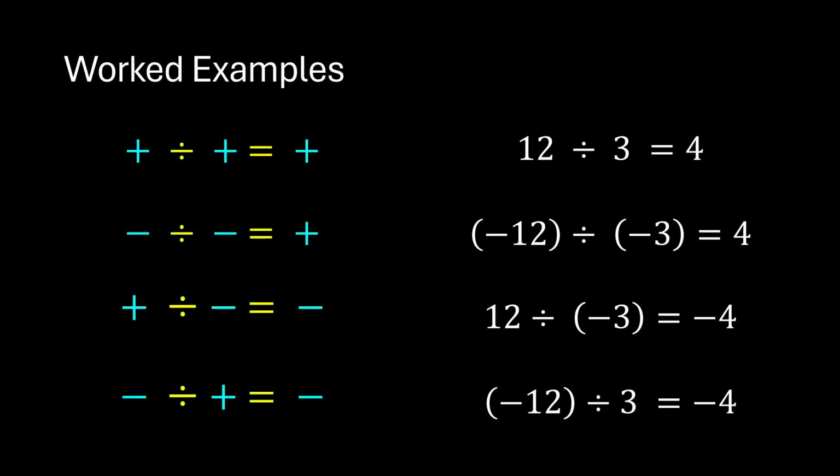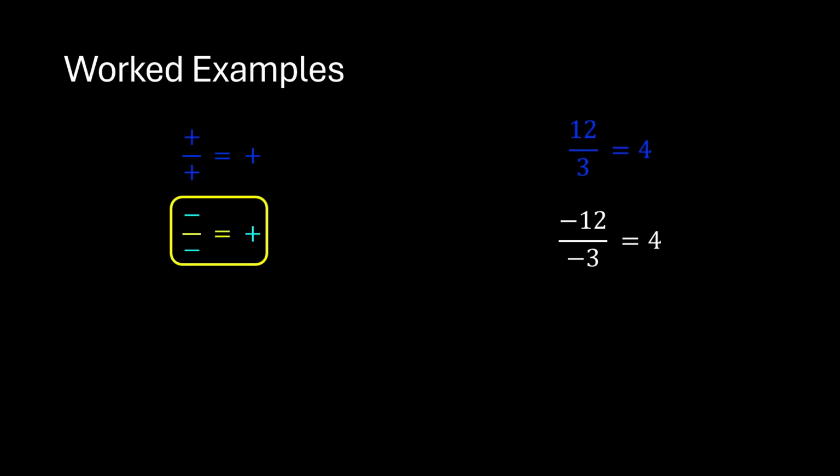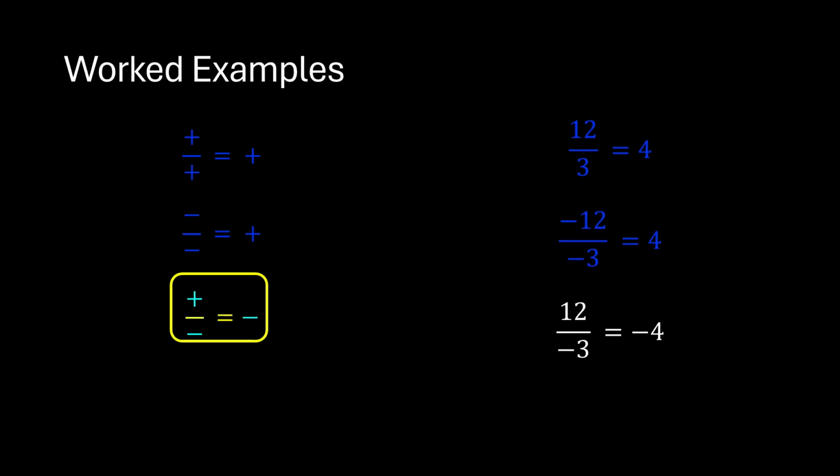Notice that only the signs change, and the division is exactly the same. Division can also be expressed as a fraction. So 12 divided by 3 equals 4. Minus 12 divided by minus 3 equals 4. 12 divided by minus 3 equals minus 4.